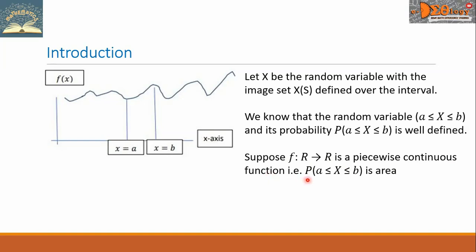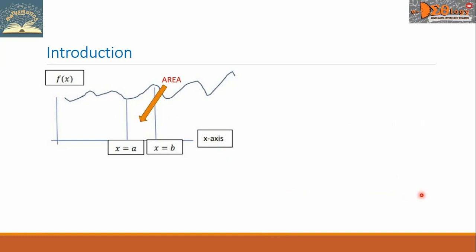That is the probability of this capital X from A to B is the area, and the area is this portion under the curve, x-axis, and the interval of x from A to B. Thus, area is the probability of capital X from A to B. The formula is here.